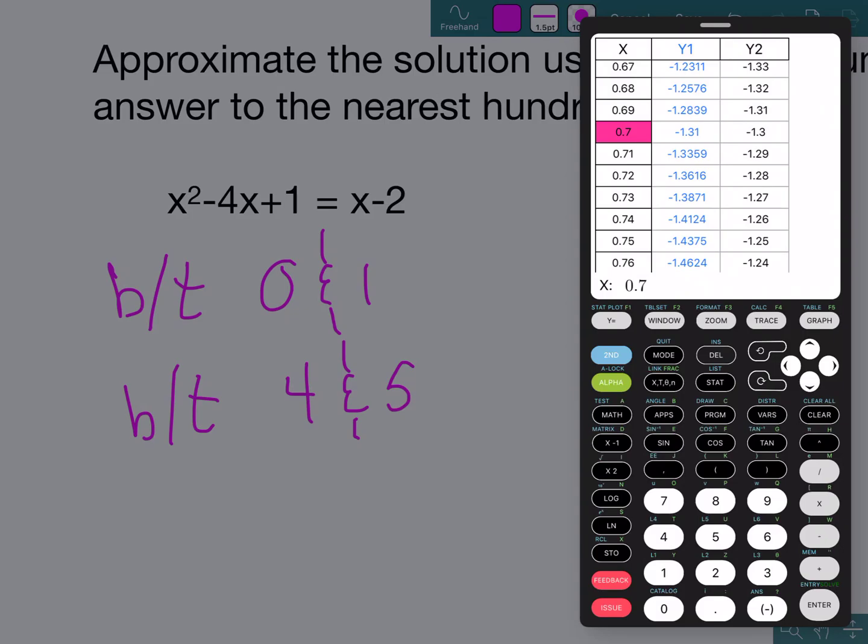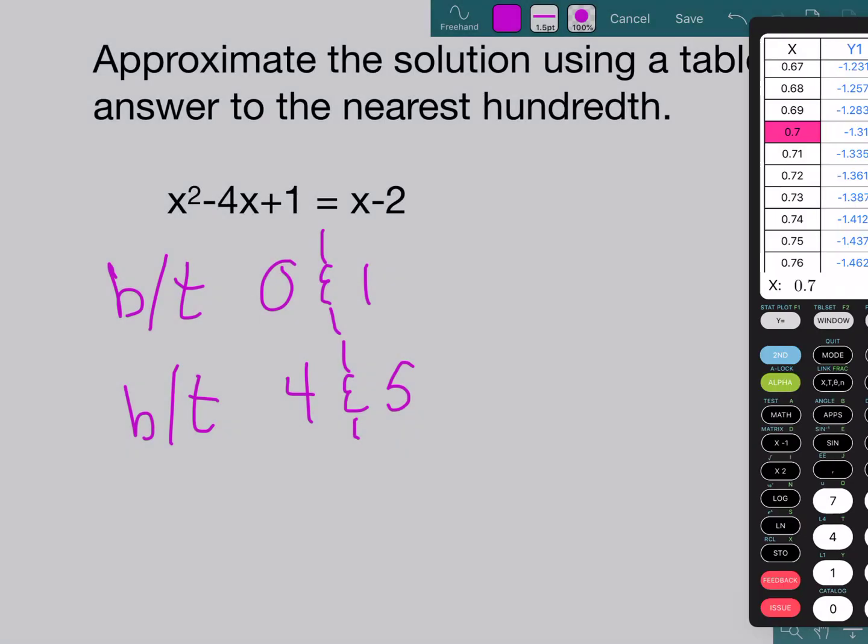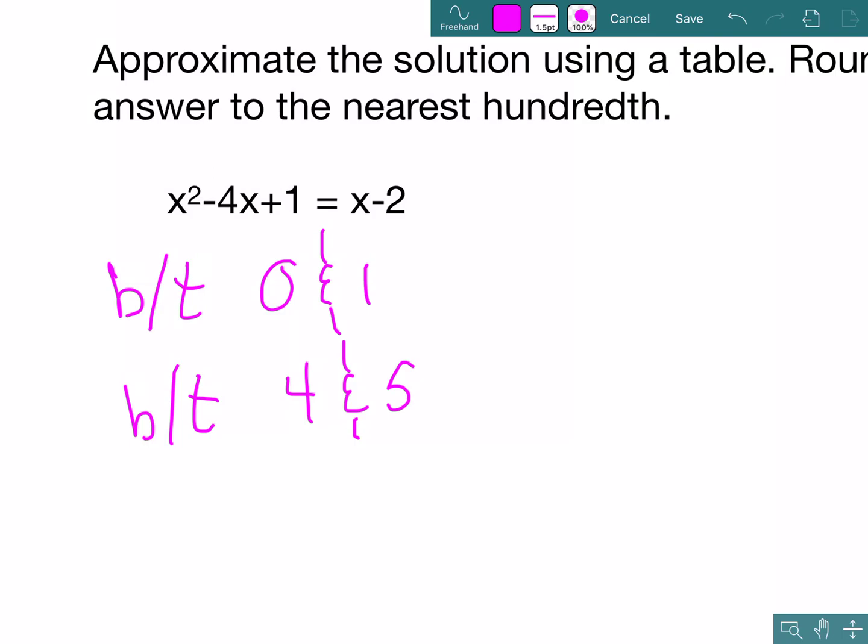So I go back to my window, second table set, and I'm going to start now at 0.7, and this time I'm going to go by 0.01, and we're going to quote unquote zoom in again. And again, I can see here, now I'm at the nearest hundredth, so I'm looking for the number closest in the nearest hundredth to where these two are the same.